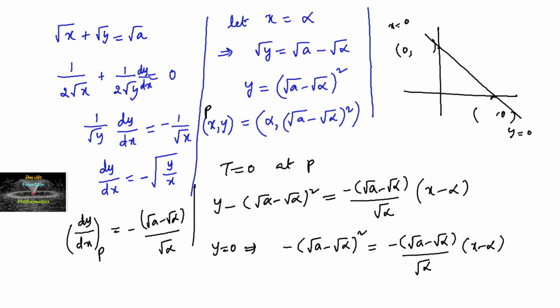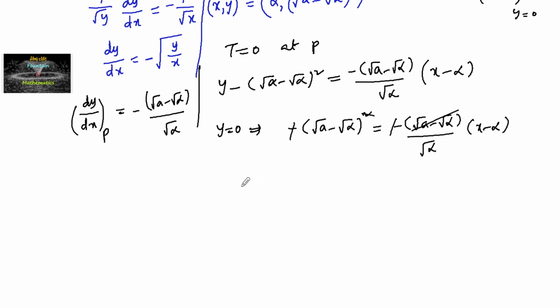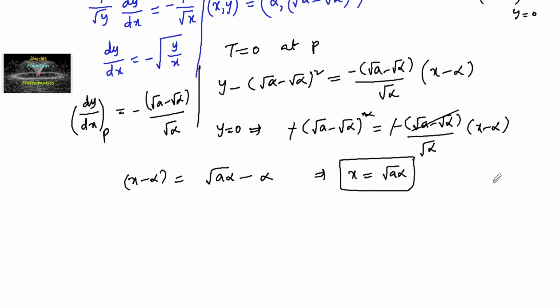So here 1 times root a minus root alpha gets cancelled, minus of minus gets cancelled, and we can write directly x minus alpha is equal to, just do cross multiplication, root a alpha, root alpha into root alpha will become alpha, so which implies x is equal to root of a alpha. Means we got on x-axis the point root a alpha comma 0. This is one point on x-axis.